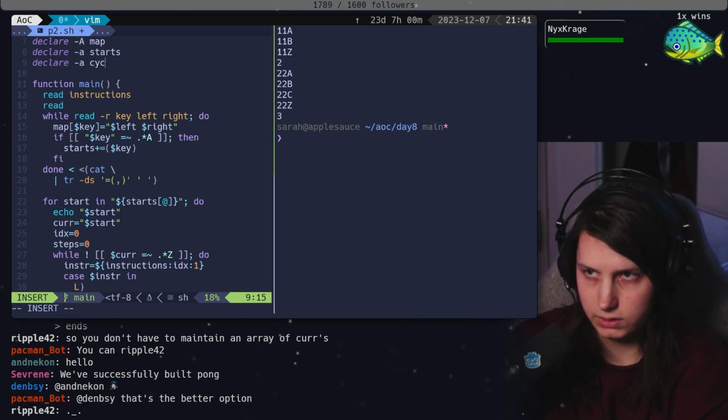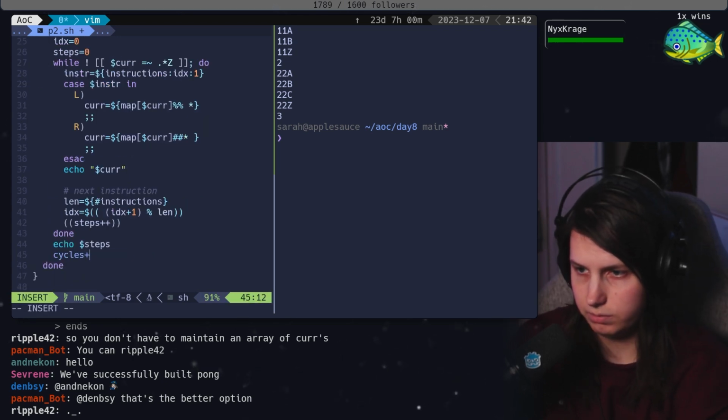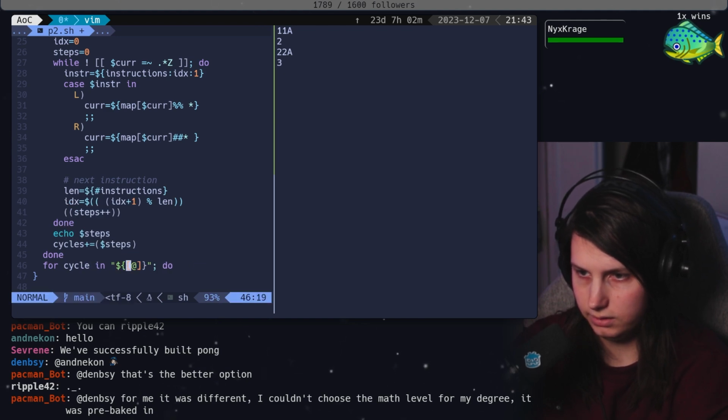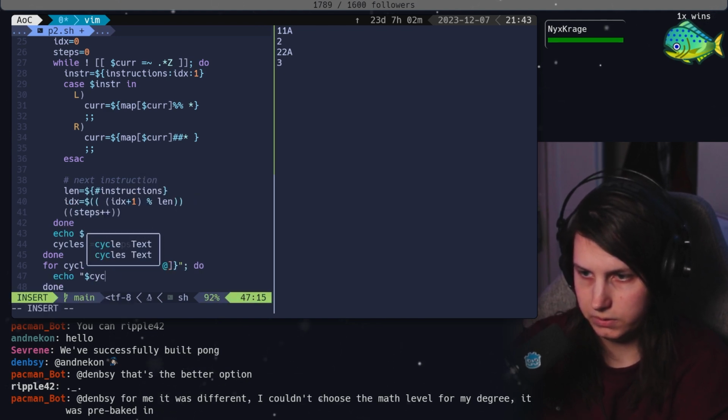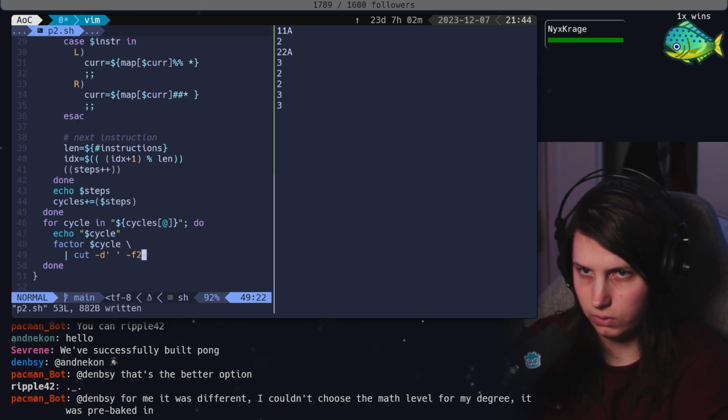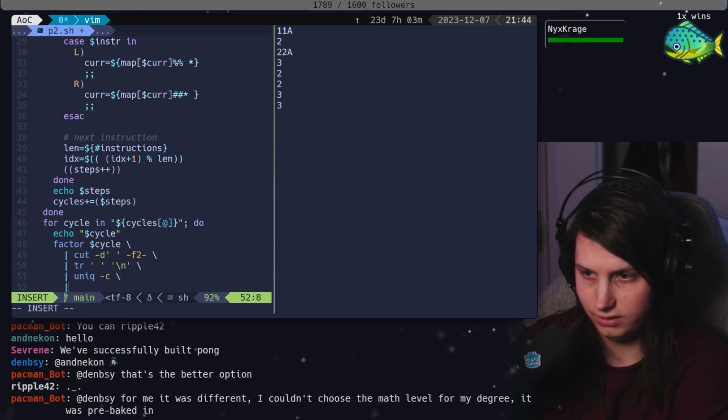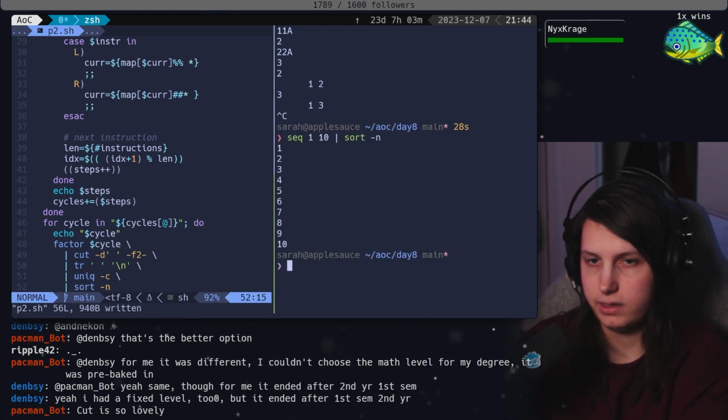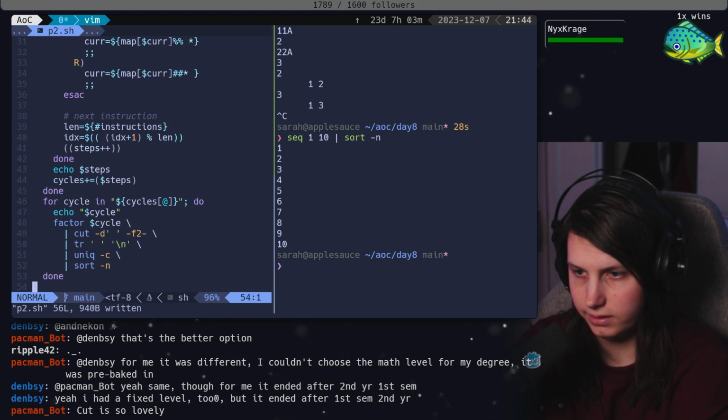Declare a cycles plus equals steps. For cycle in cycles, echo cycle, factor cycle. So all we have to do is get rid of the spaces, replace them with new lines, count how many factors there are, sort them. So that gives us them in ascending order.